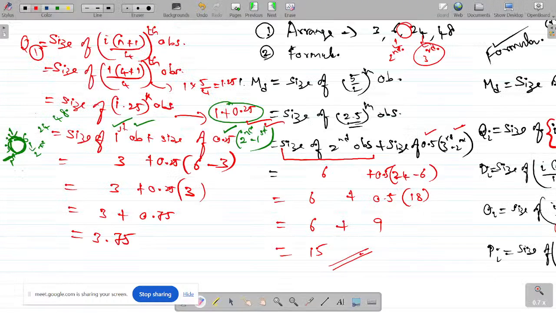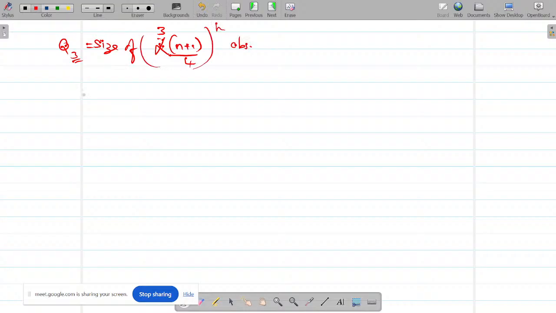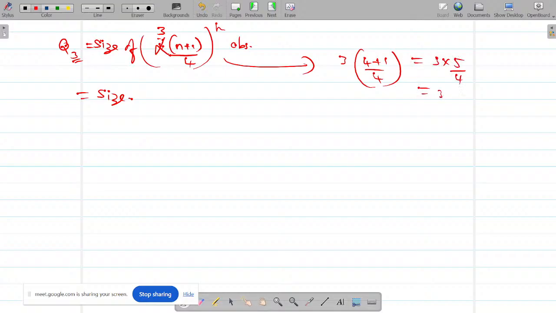Yes, Q3, what did you do? Q3 is size of 3 into n plus 1 by 4. Here I will take the value 3, because we're taking the third quartile observation. So let me work out this calculation: 3 into 4 plus 1 by 4. 3 into 5 by 4, what's the value? 3.75.